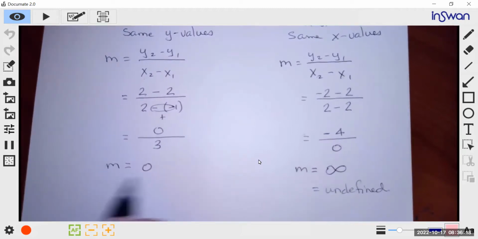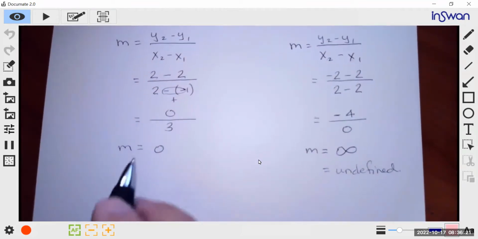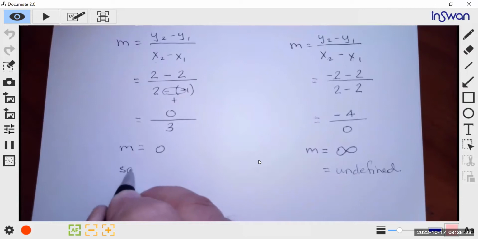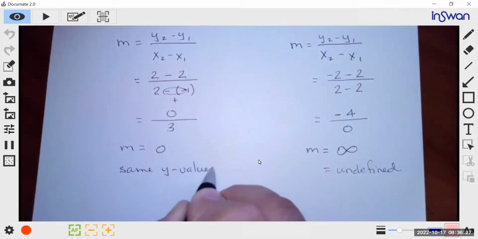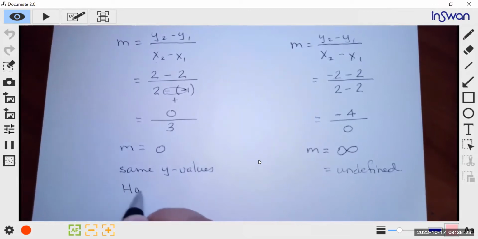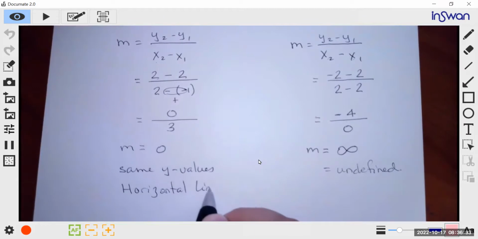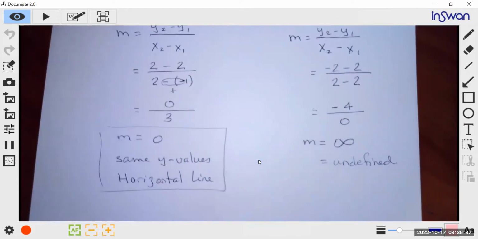So if the slope is 0, what do we know? You have the same y values, and it's a horizontal line. All those three are synonymous. If I have a horizontal line, that means I know the y values are the same.